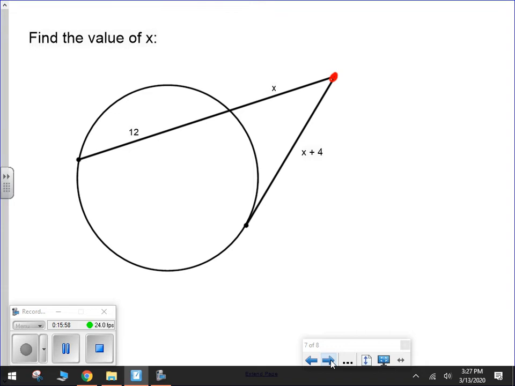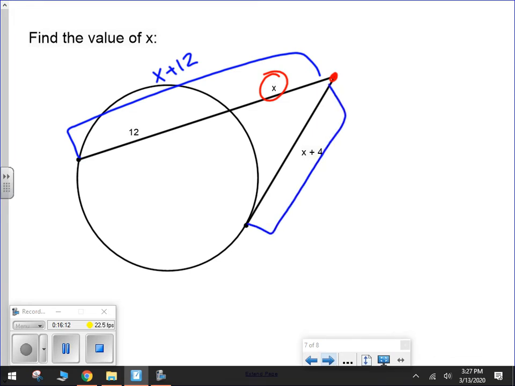But I have a tangent line, so that means the whole is x plus 4, and the outside is also x plus 4, so I'm going to use it twice. So I have my outside times my whole equals my outside times my whole.